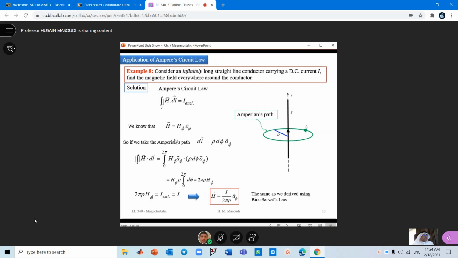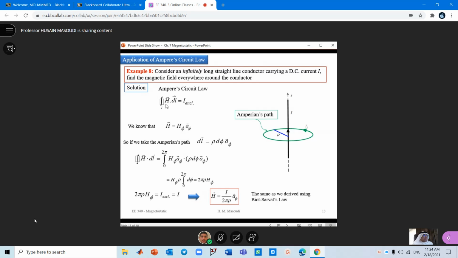When we started the problem, forget about Biot-Savart at the moment. We want to implement this circulation of H. So we look into the physics of the problem, and we say that according to the right-hand rule, the magnetic field will be in the phi direction because the current is along z.